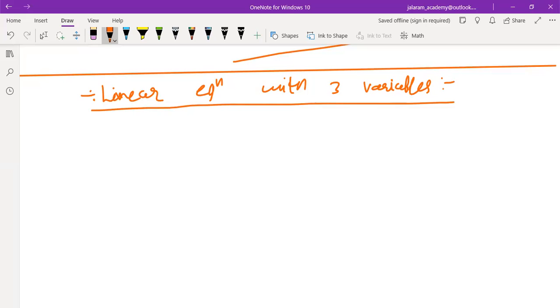But in this case, these are not lines now. As I have told you, these are planes. a1x plus b1y plus c1z equals d1 represents a plane. Like this whiteboard is also a plane. Walls are also planes.